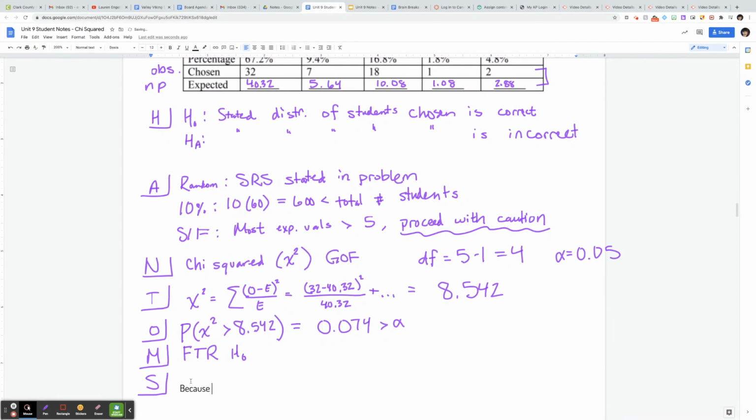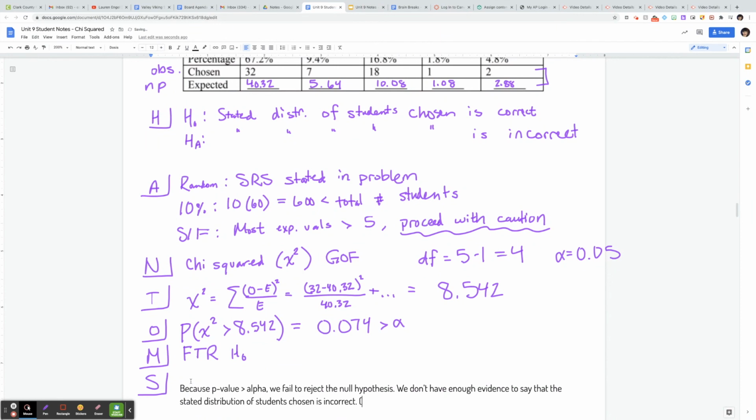Because the p-value is greater than alpha, we fail to reject the null hypothesis. Then you would say we don't have enough evidence to say that the stated distribution of students chosen is incorrect.